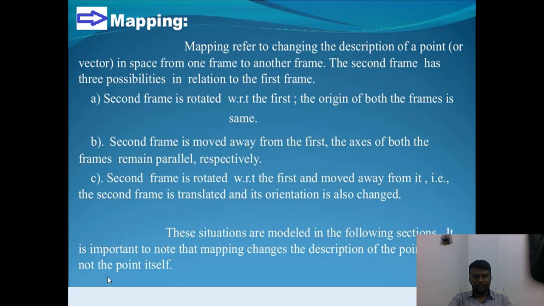Mapping, as we have already seen hints of in the earlier slides, is nothing but finding out the position in a different frame. We have two frames, and I need to find the position in the other frame; that is called mapping. To map the position and the orientation from one frame to another frame is simply called mapping.